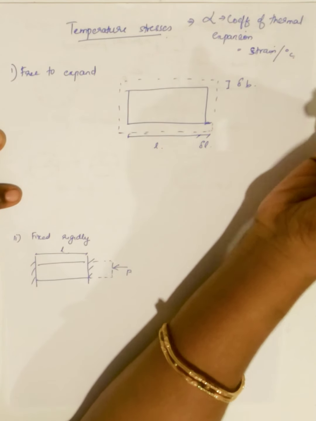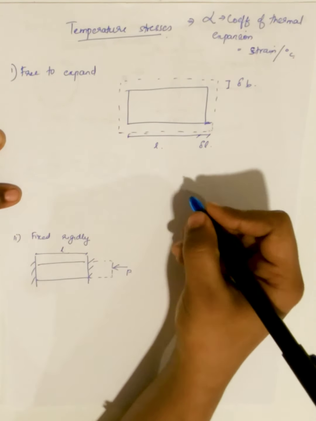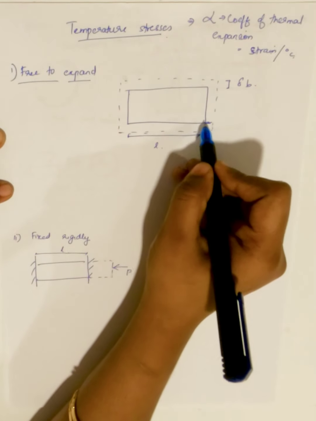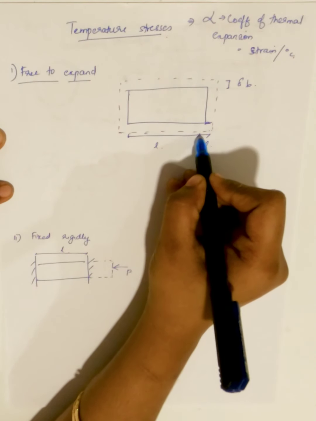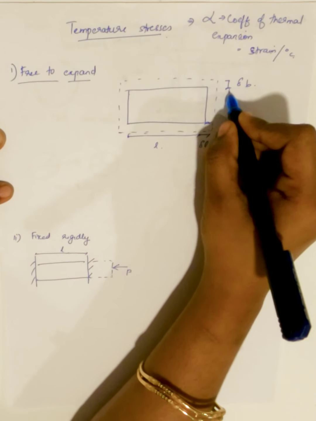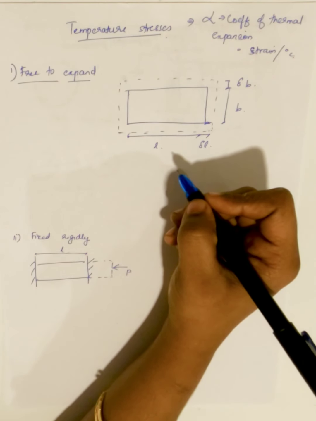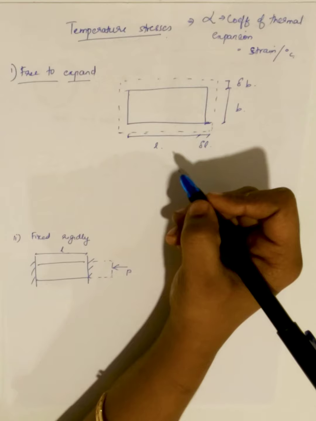So we have the first case as free to expand. See, this is a bar of initial length L and initial breadth B. If this bar is subjected to an increase in temperature, then what will happen? This bar will expand.